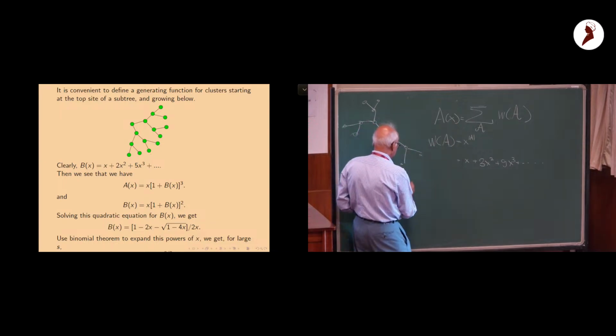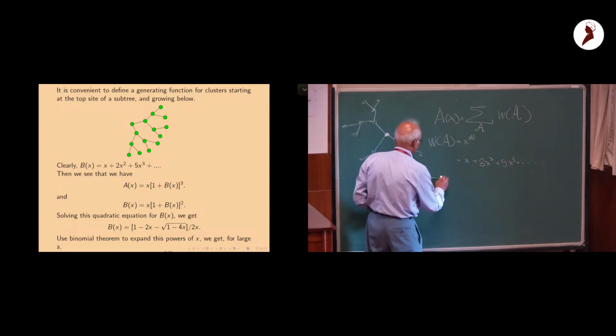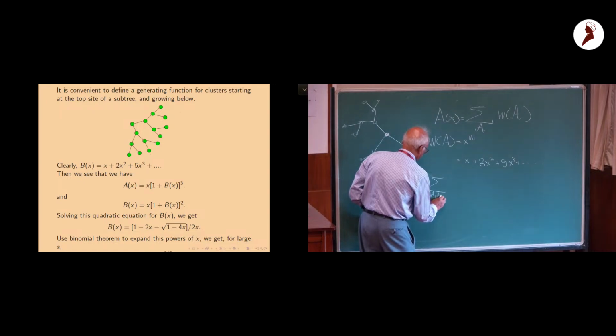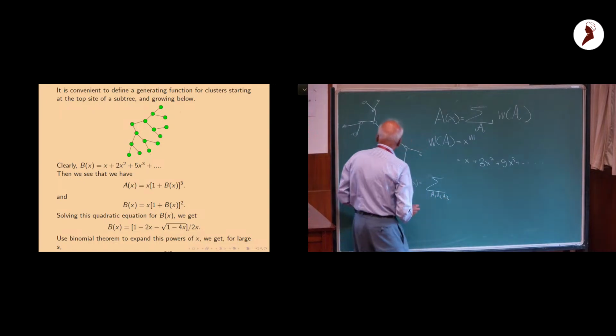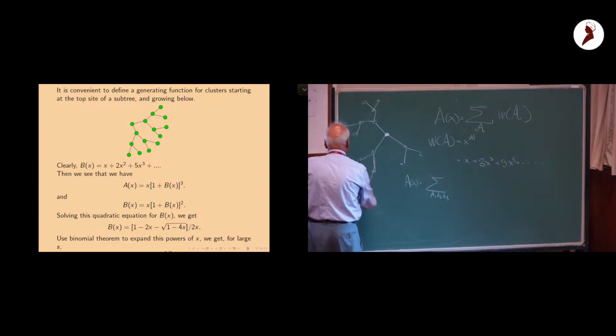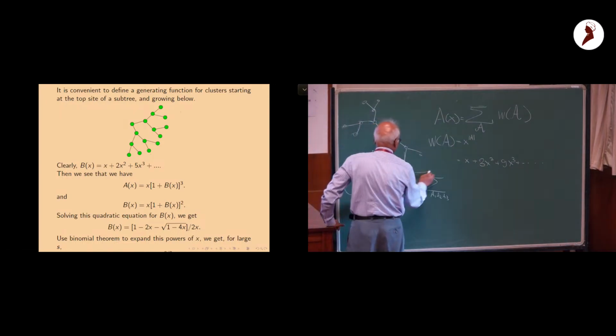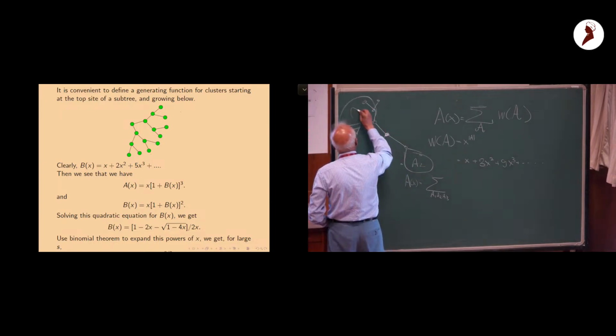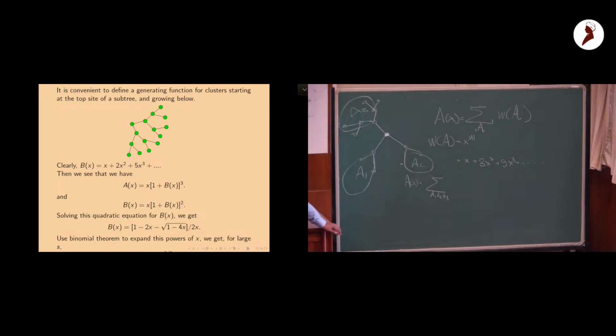So let me write A(x) is equal to the summation over A1, A2, A3, where A1 is this branch and A2 is this branch and A3 is this branch. So if I sum over all possible choices of A1, A2, A3, that is the sum over all possible choices of A, right?